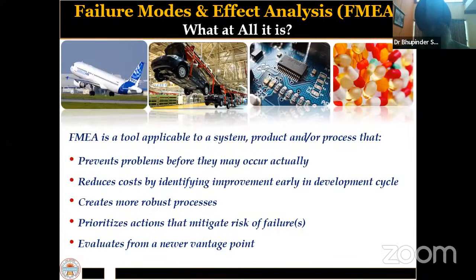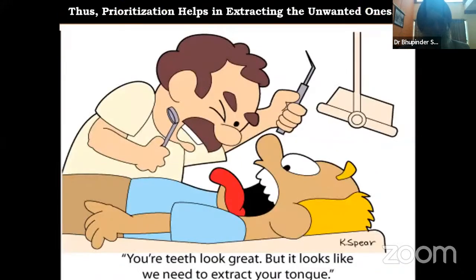There are approaches like FMEA, that's failure mode effect analysis, which is adopted in electronics, pharma and many other companies. Time does not permit me to go into the nitty-gritty, but you have to find out the exact information. As this dental surgeon is telling, your teeth look great, but it looks like I need to extract your tongue first.